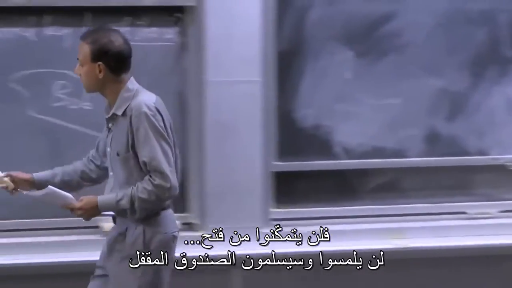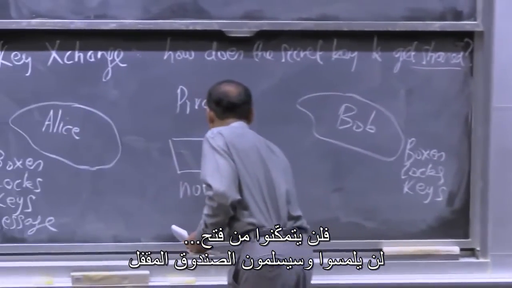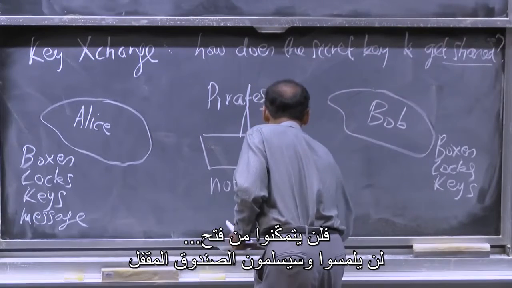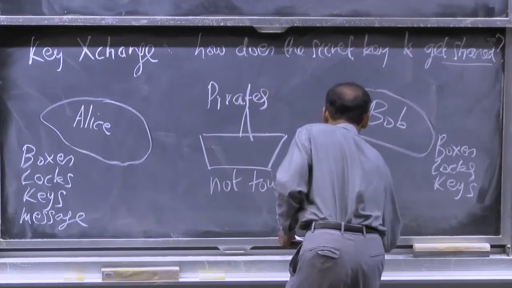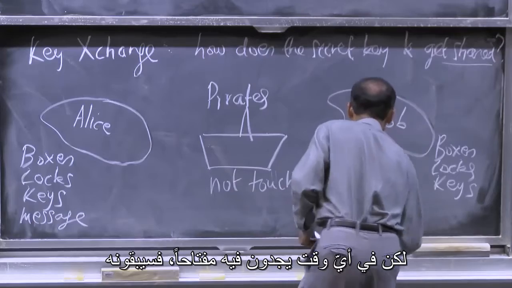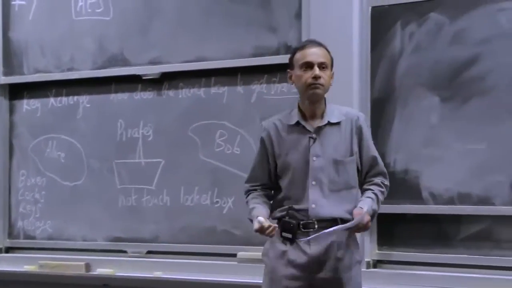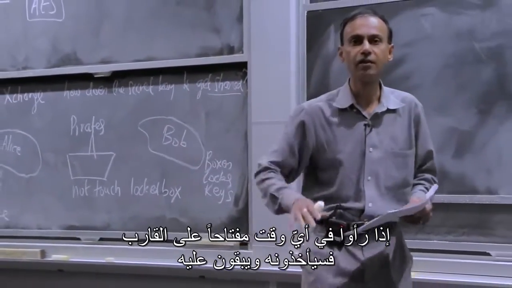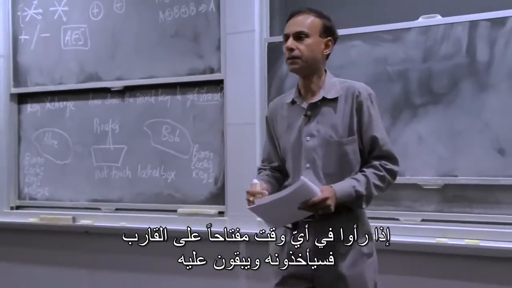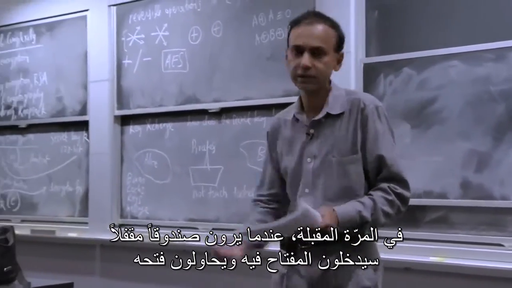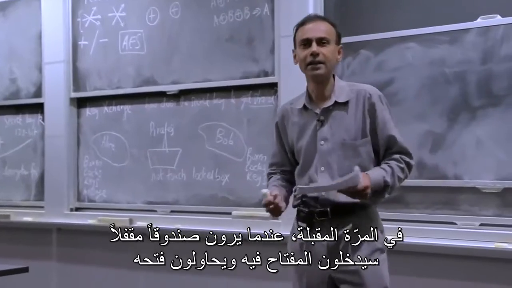They will not be able to open, they'll not touch, and they will deliver a locked box. But if they ever see a key, they'll keep it. All right? If they ever see a key on the boat, they'll just grab it and keep it. And then the next time around they see a locked box, they'll stick the key in and try and open it.